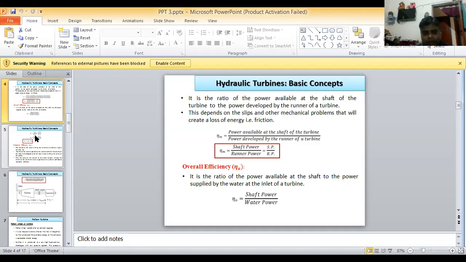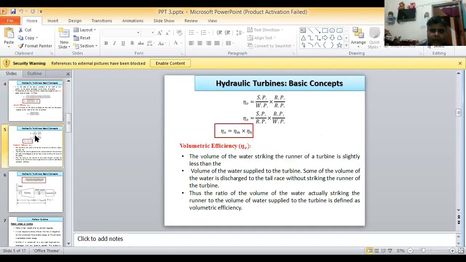And the next point is overall efficiency, denoted by eta O. It is the ratio of power available at the shaft to the power supplied by the water at the inlet of a turbine. It is also written as eta O is equal to shaft power upon water power. Now, eta O is equal to shaft power upon runner power into runner power upon water power.